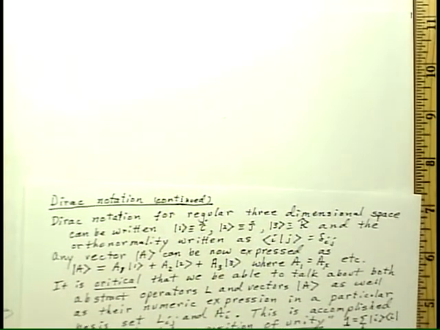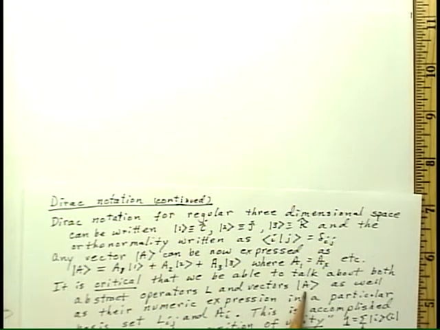It is critical that we be able to talk about an abstract operator and an abstract vector independent of any particular basis that we want to use. And that is true of any particular indexing of those vectors.